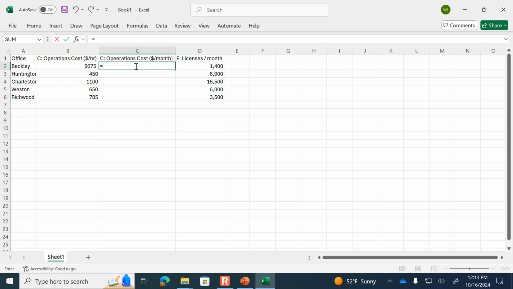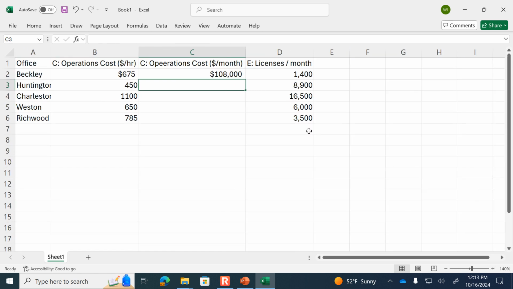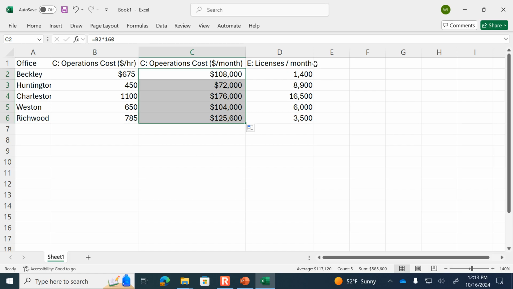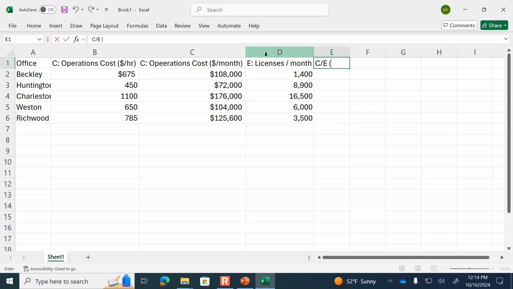So it would just be the operations cost per hour times 160 to get the operations cost per month. And the effectiveness is already in terms of licenses per month. So the C to E ratio, cost to effectiveness, is going to be, since we know the cost per month and the licenses per month, if we divide the two, it's going to be the number of dollars that are spent for each license renewal.